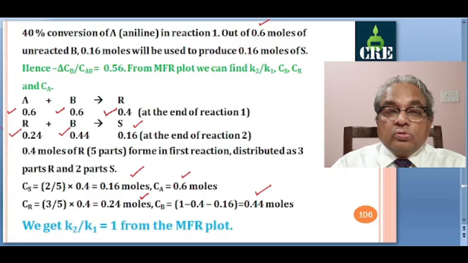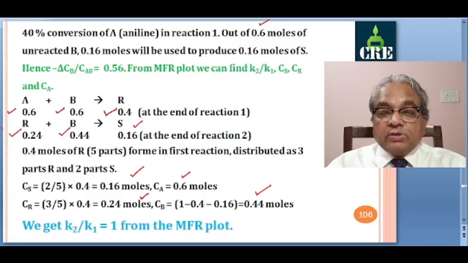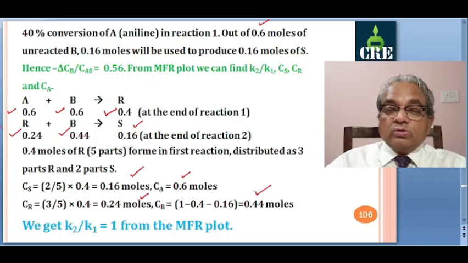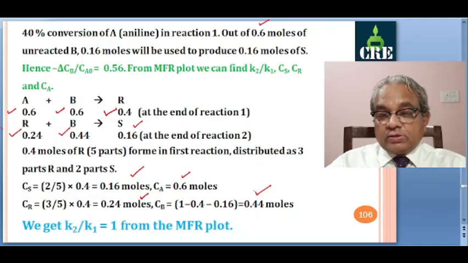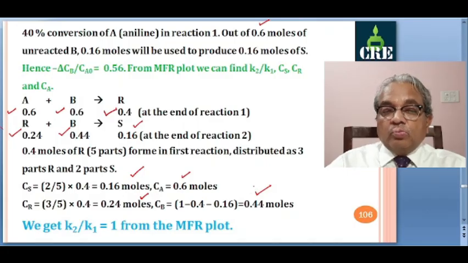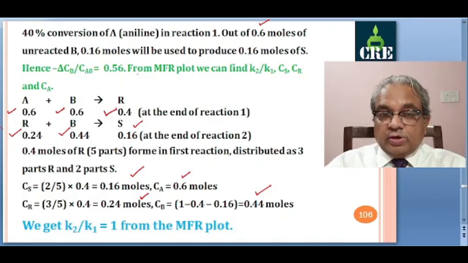So minus delta Cb is 0.56, since Cb is 0.44 and Cb0 is 1. That means the amount of B consumed is 0.56, with Ca0 is 1.